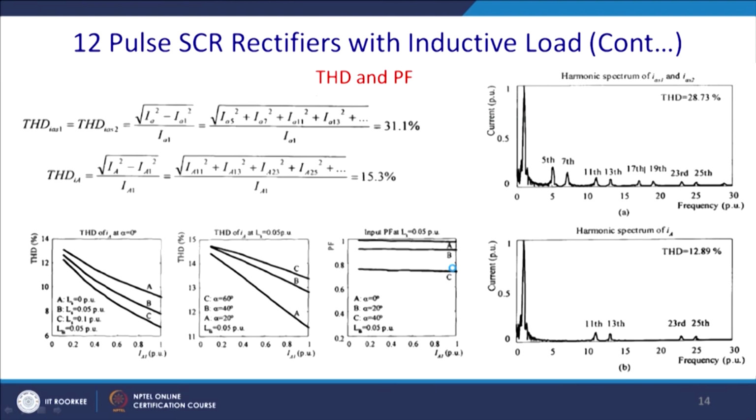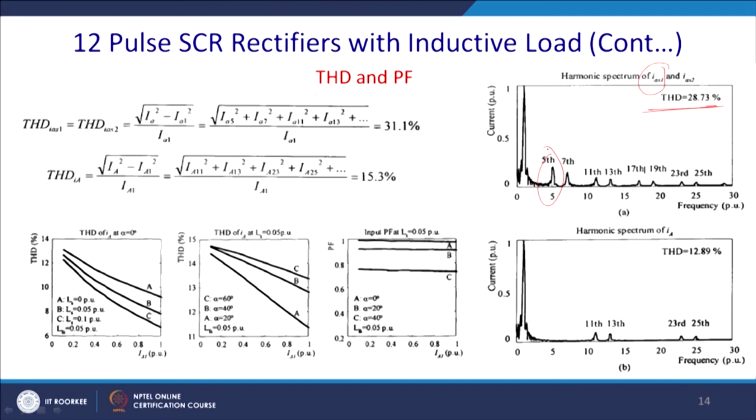Thus, in the case of a highly inductive load for the 12 pulse converter, individual ISA1 and ISA2, since it is a square wave waveform, will be reflected into the primary side. So you can expect that THD will be as high as 30%, it is 28.73, and you will have components of the 5th harmonic, 7th harmonic, 11th harmonic, 13th harmonic, and so on.